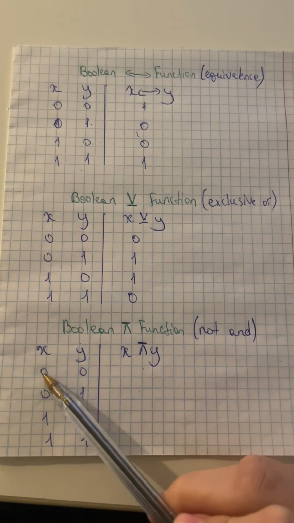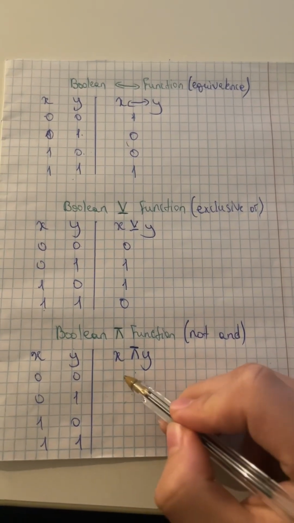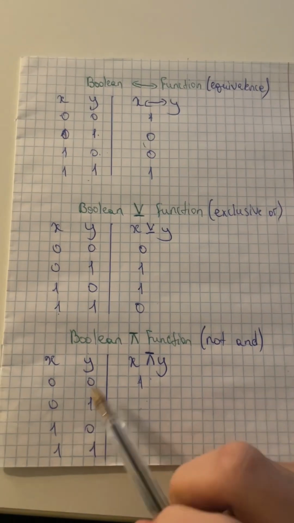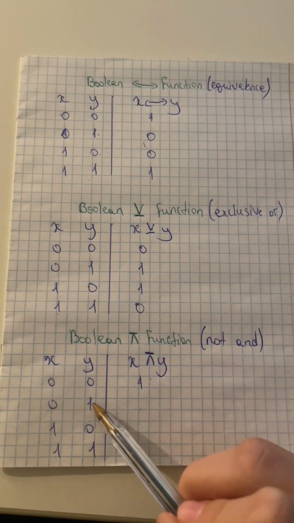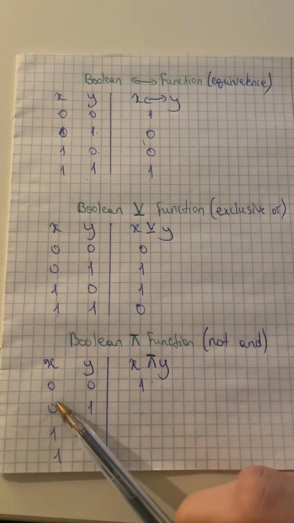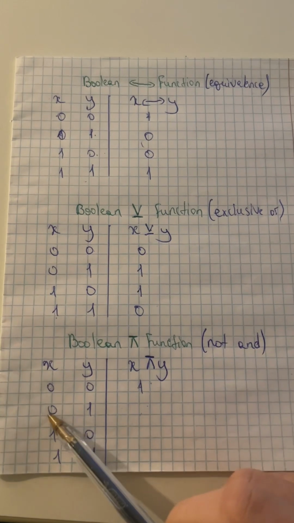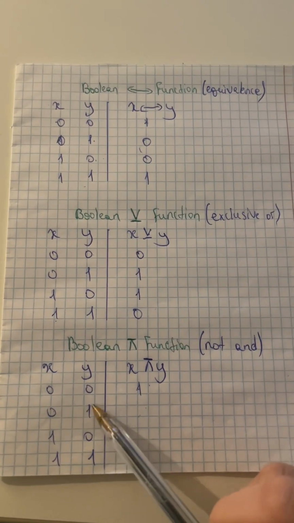Here you can see x is false, y is false. Therefore the result is 1 because both of them are false. Here x is false, y is true. The result would be 1 because according to not AND formula, one of them is false and another is true.